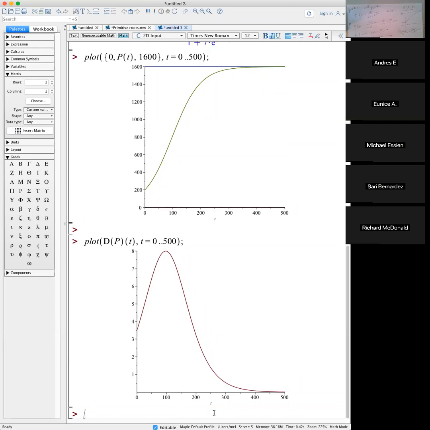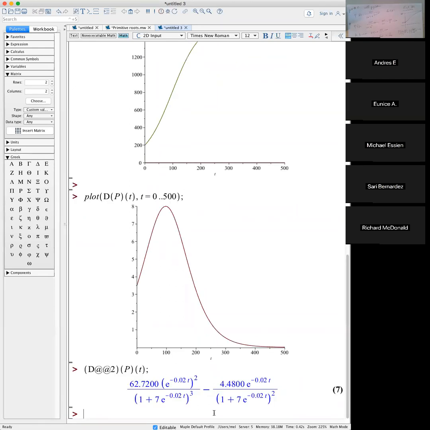I can do it in several ways. I can do d t squared. So this is the second derivative. It's a little bit complicated, but I don't really need to know that. I just need to solve the equation. When is the second derivative equal to 0? Solve that for t.